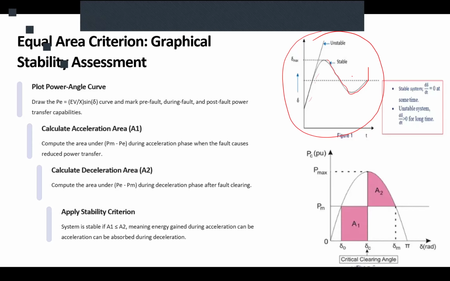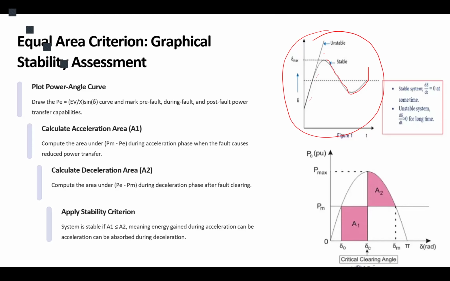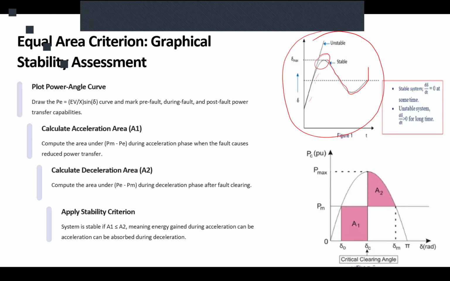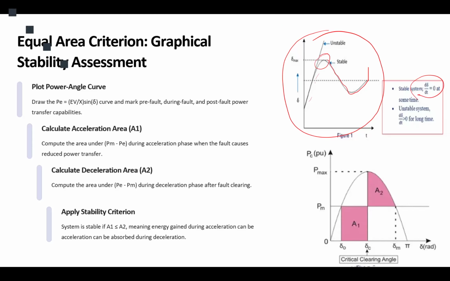So we have both acceleration and deceleration, meaning at a certain point, the differential of the delta is going to be 0. If we have such a condition in the behavior of delta, then we have a stable system because we have both acceleration and deceleration.